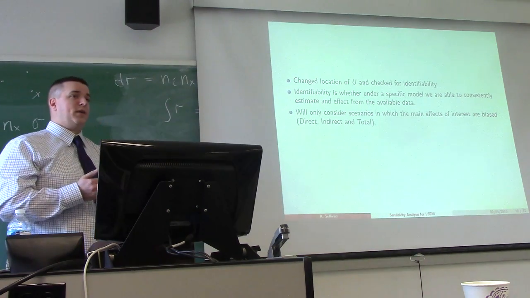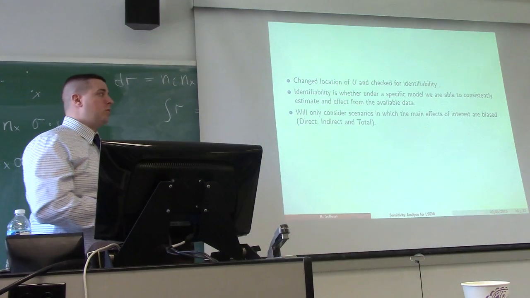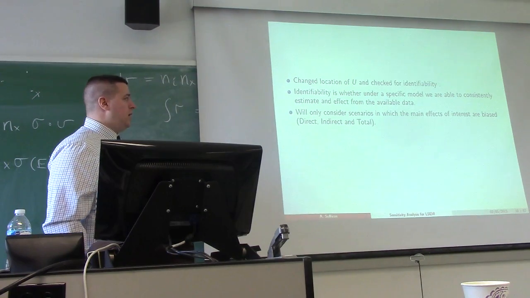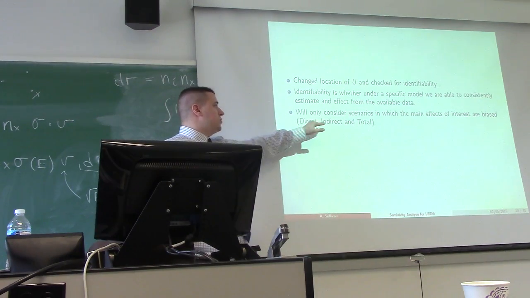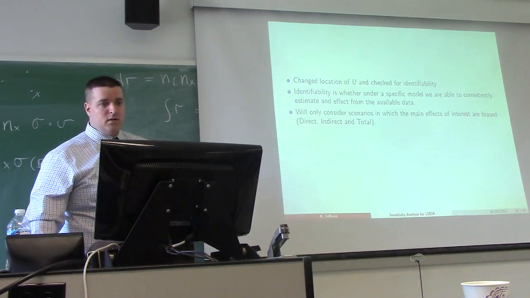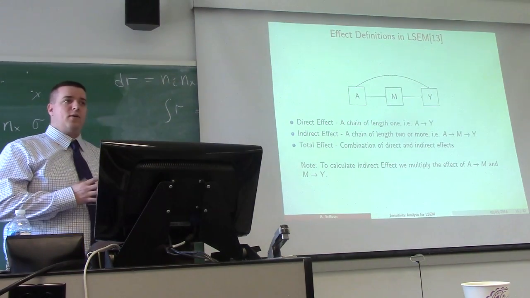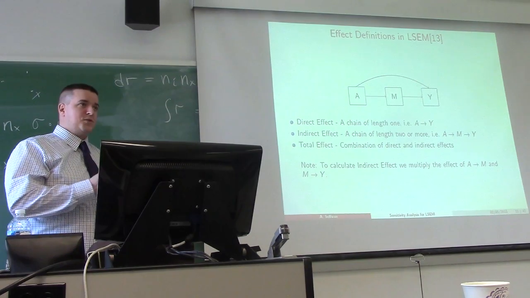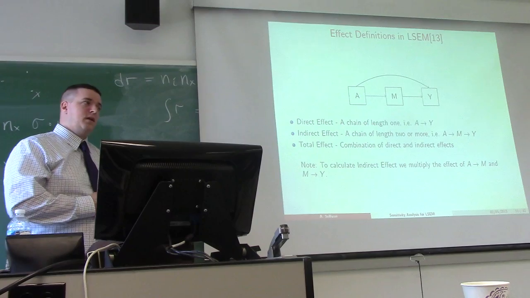You are possibly going to end up with an infinite number of solutions that will work. So we check for identifiability, and we consider only the scenarios in this paper where these direct, indirect, and total effects are biased. So before I go on, I want to explain a little bit about what this direct, indirect, and total effect are, since most of you probably haven't seen it.